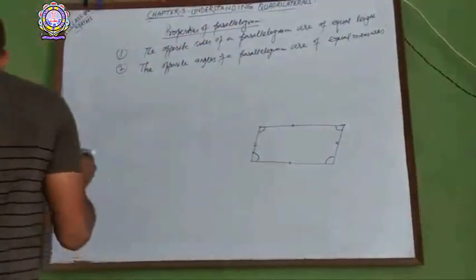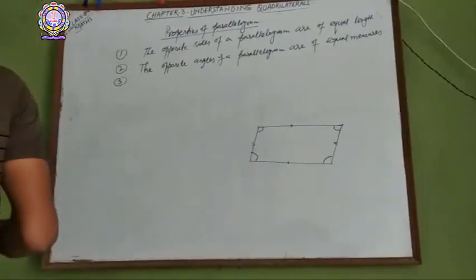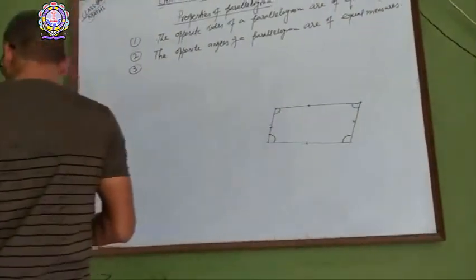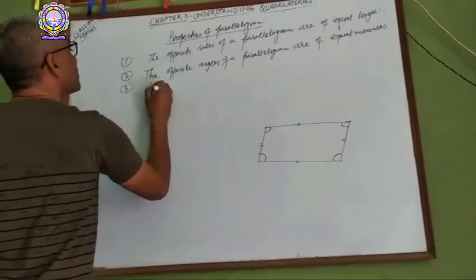Okay, now come to the third property. Third, the adjacent angles of a parallelogram are supplementary.